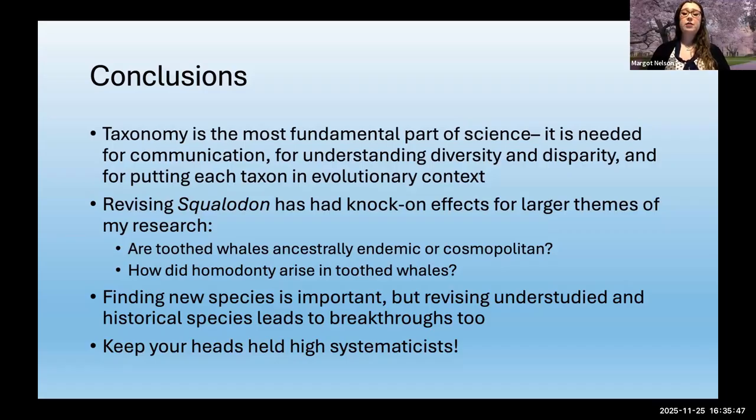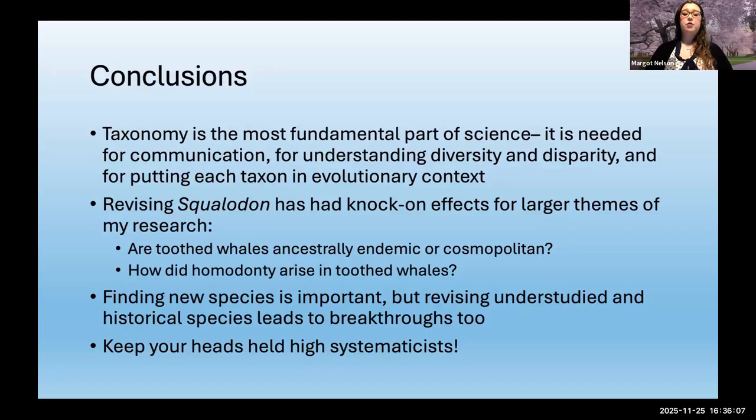Finding new species is really important, right? We want to add to the diversity of life. But when we revisit these understudied and historical species, we can also lead to breakthroughs and lead to these species being studied in a new light.